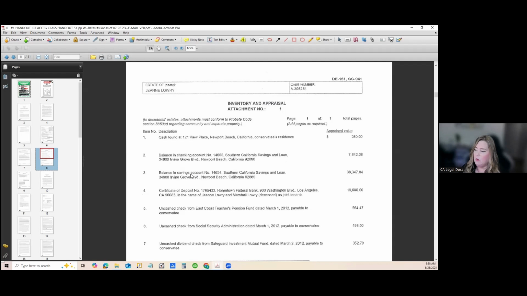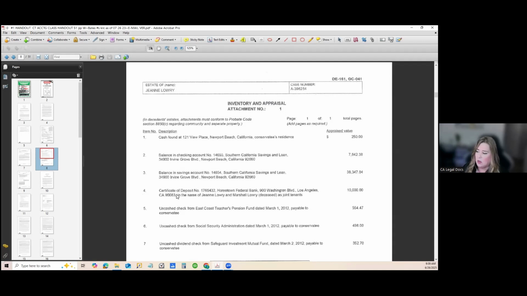Same thing with a savings account, same principle as above. But I just typically will put Bank of America savings account, and I don't put the whole number, I give the last four digits of the account number. Same thing, the balance is what I'm looking for. CDs, or certificates of deposit: I don't see a whole lot of these.